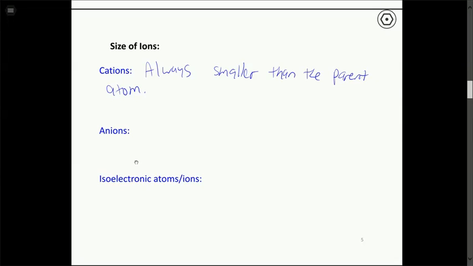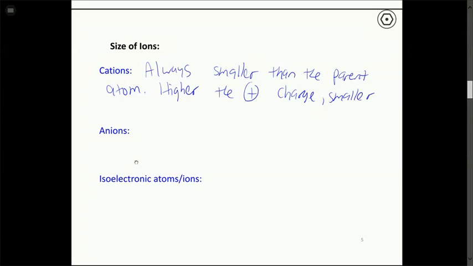And in some cases, especially for the transition metals, which we won't talk about in detail, some atoms can form more than one cation. In the case of group 1A and group 2A, they're always going to form +1 or +2, no exceptions, but some atoms can form more than one different cation. And if you're comparing ones that have different charges for the same element, the one with the higher positive charge is going to be smaller.